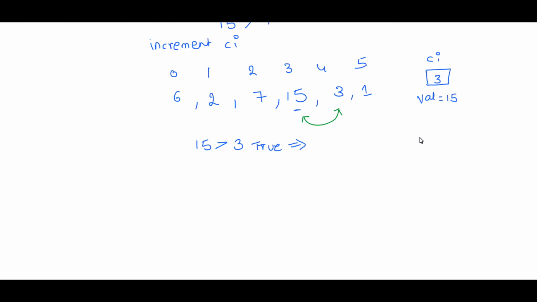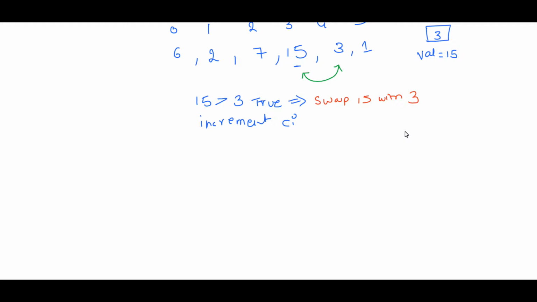This means we're going to swap 15 with 3, and we're going to increment CI.